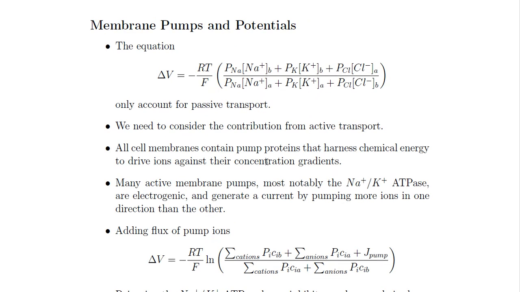Okay, so continuing with the membrane pump and the potential. This one is only for passive transport, from high concentration to low concentration. When we consider active transport using a pump, all cell membranes contain pump protein that harnesses energy to drive ions against their concentration gradient.